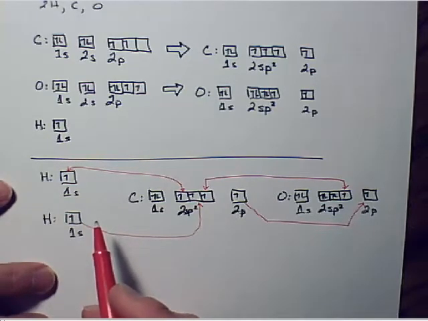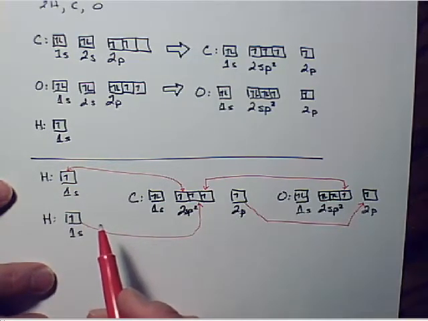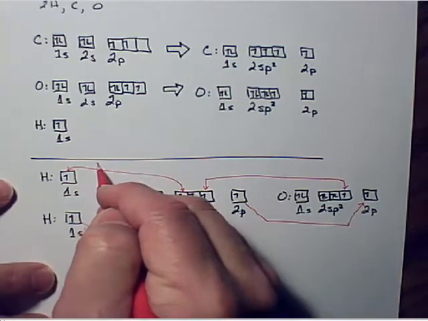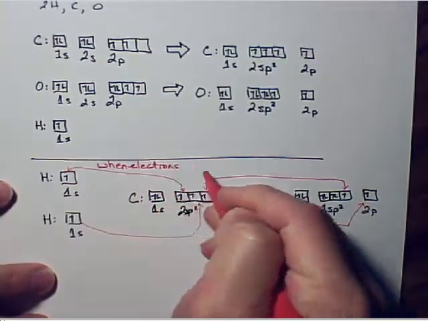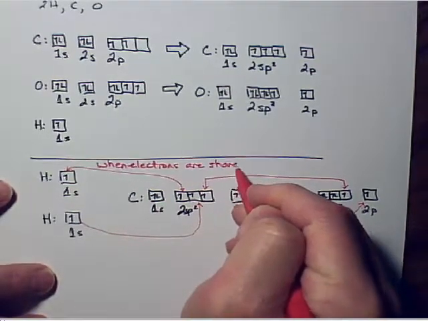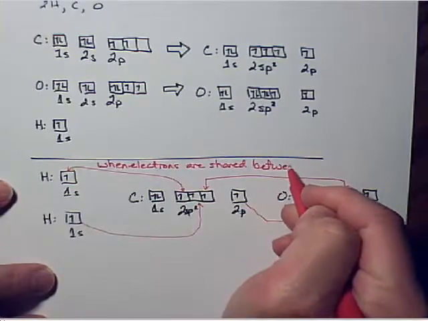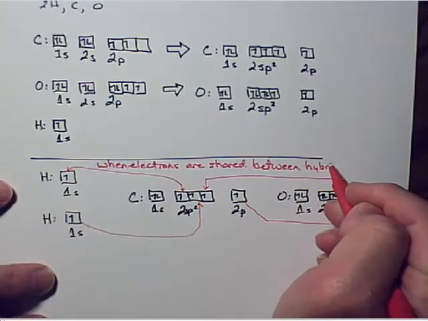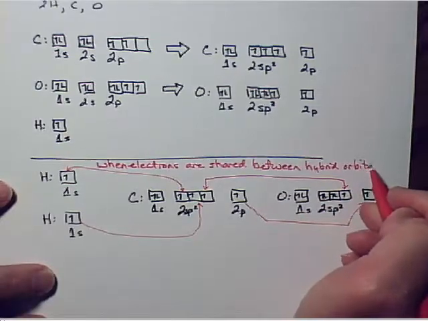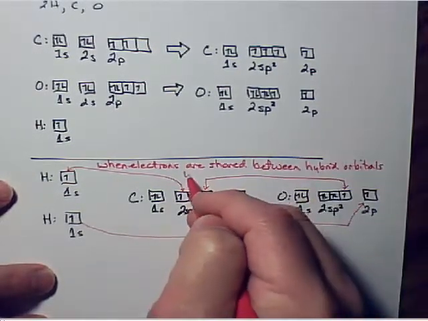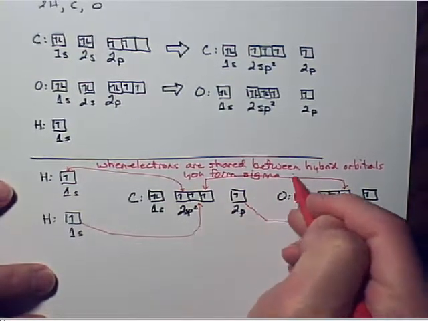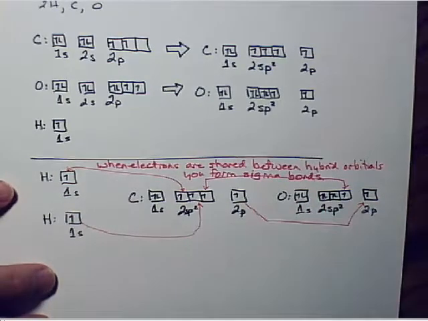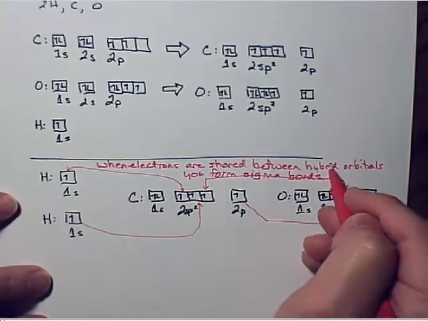When electrons are shared between hybrid orbitals, you always form sigma bonds.